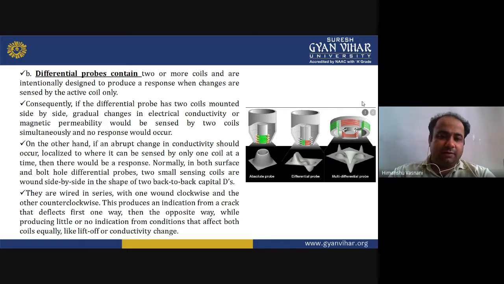They are wired in series with one wound clockwise and the other counterclockwise.